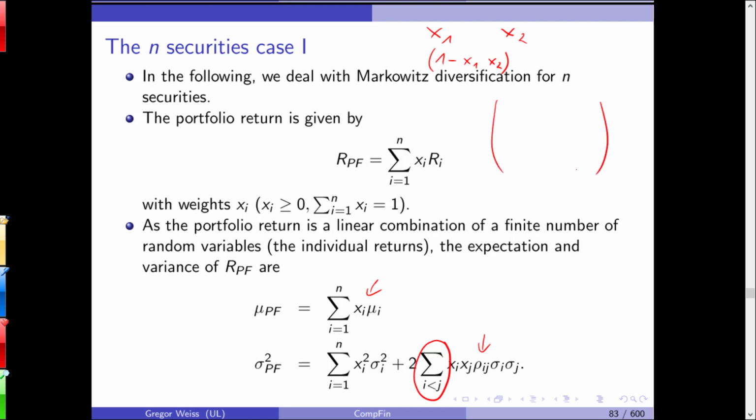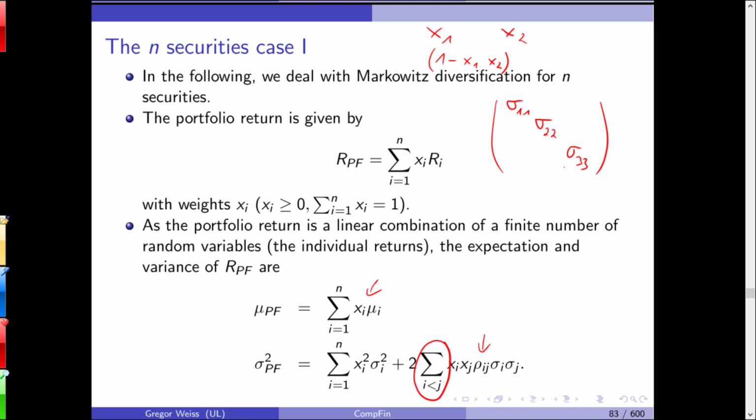How does a variance-covariance matrix look like? Well, maybe that's interesting as well. On the main diagonal of a variance-covariance matrix, you will have the covariance between 1 and 1. And the covariance between 1 and 1 is the variance.